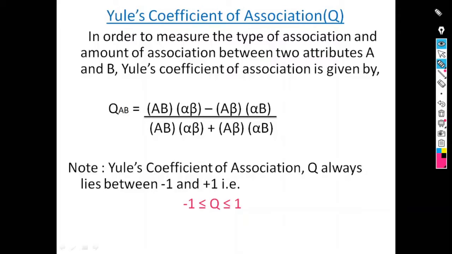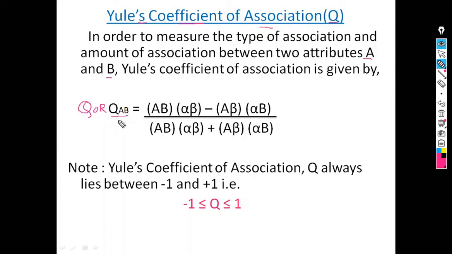If we want to measure the type of association and amount of association between the two attributes A and B, then we use Yule's coefficient of association. It is denoted by Q, or here, since we define the association between the two attributes A and B, we denote it by Q of AB.